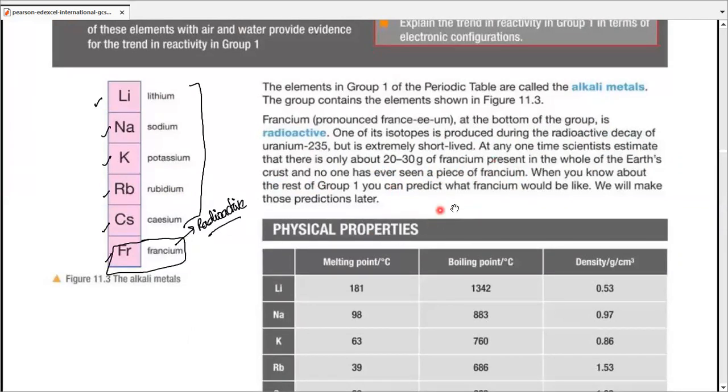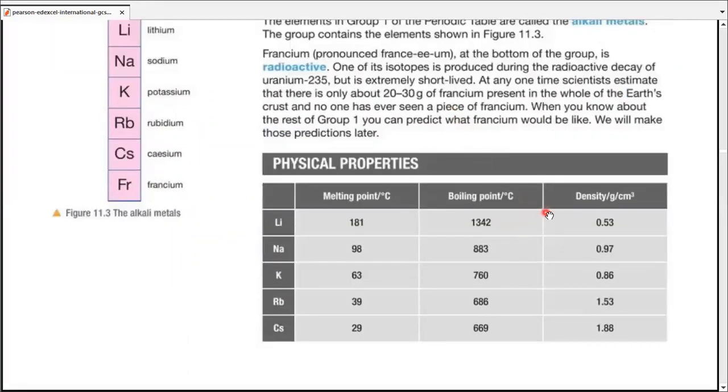So what we're going to do is discuss the rest of the properties of group 1, and you're going to predict what francium would be like from those properties. So let's go on with this table. The physical properties we usually predict are melting point, boiling point, or density.